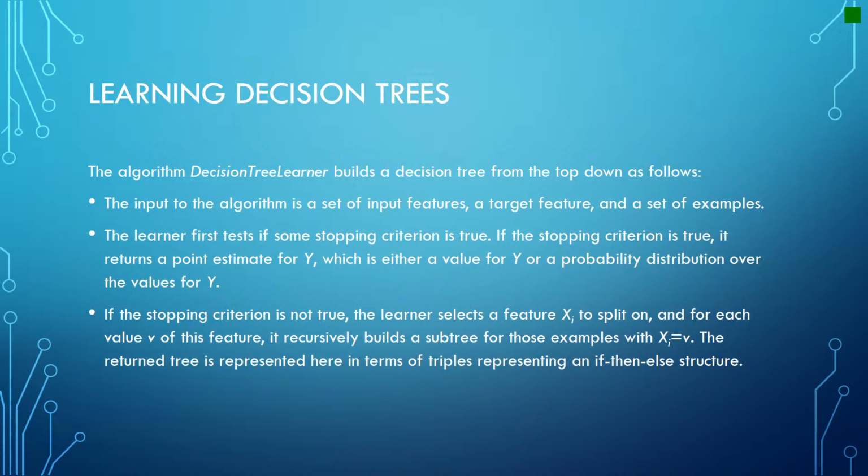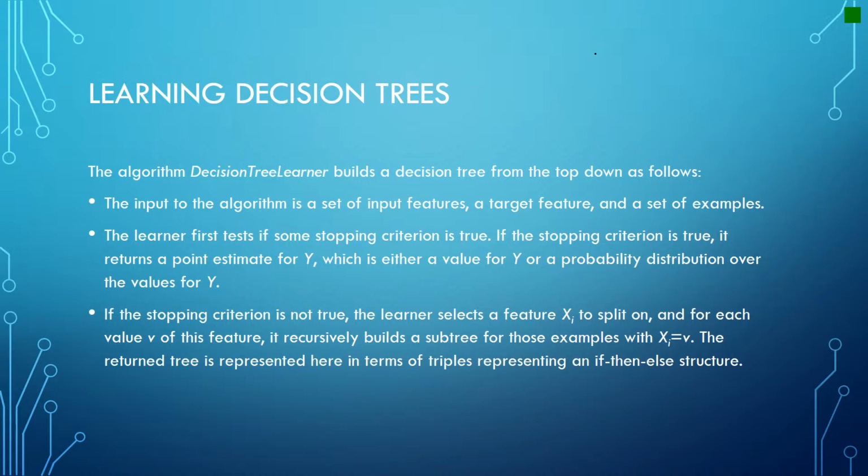The algorithm, the decision tree learner, builds a decision tree from the top down as follows. The input to the algorithm is a set of input features, a target feature, and a set of examples. The learner first tests if some stopping criterion is true. If the stopping criterion is true, it returns a point estimate for y, which is either a value for y or a probability distribution over the values for y.